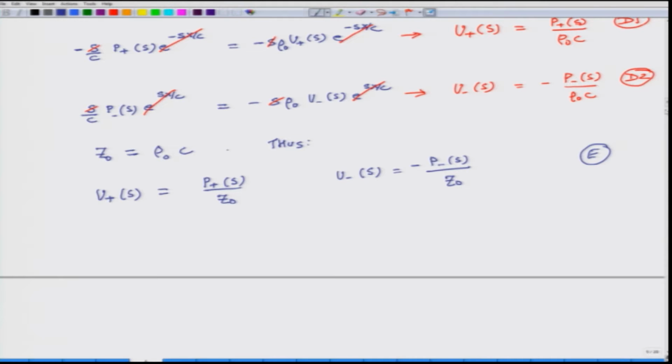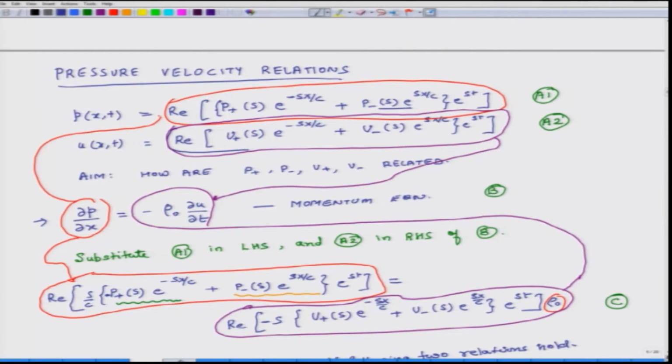So, now what I do is I combine equation E and our first equations, A1 and A2.